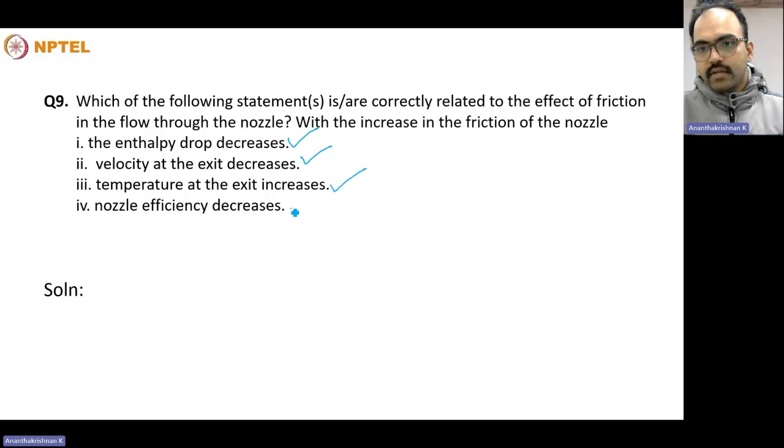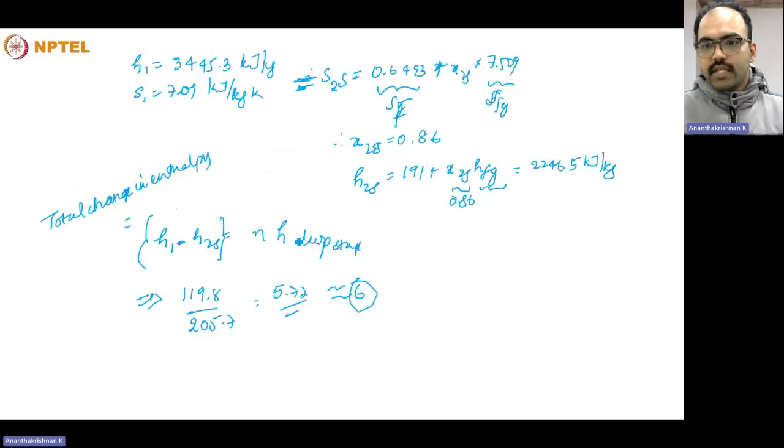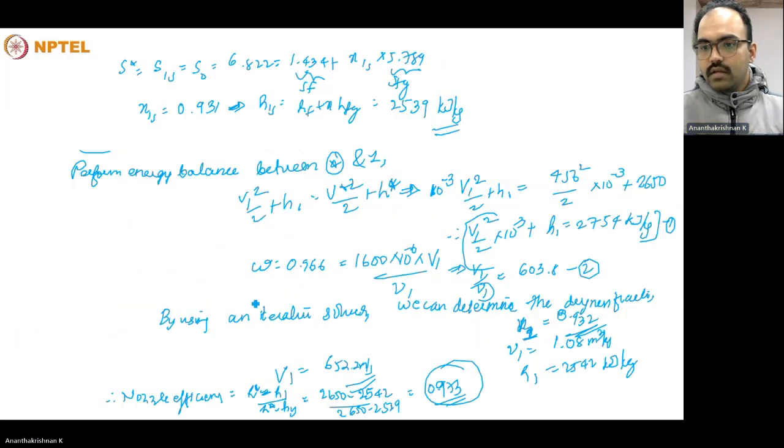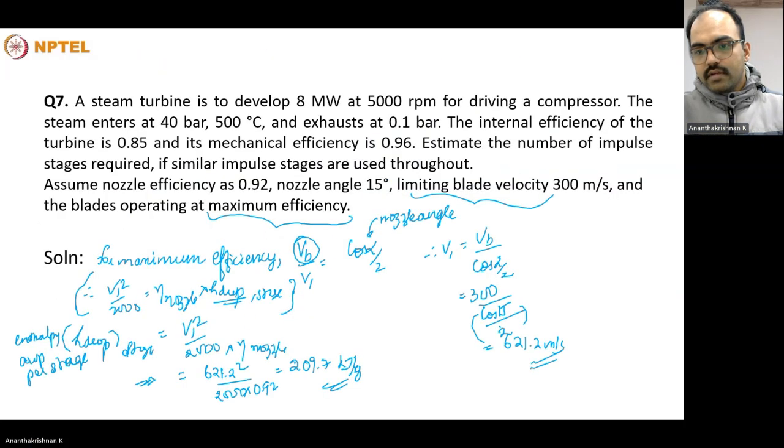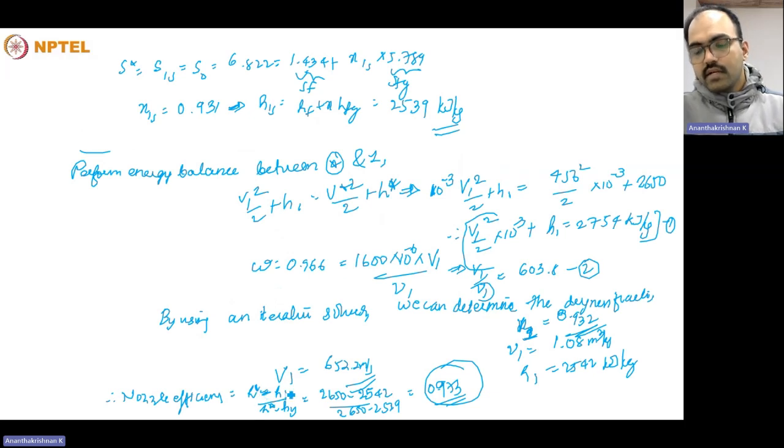Temperature at the exit increases, yes. Nozzle efficiency decreases, yes. Nozzle efficiency is actually given by this formula: the actual enthalpy change divided by the isentropic enthalpy change. So once the friction increases, the enthalpy change H minus H1 decreases. The maximum it can go is H minus H1s.